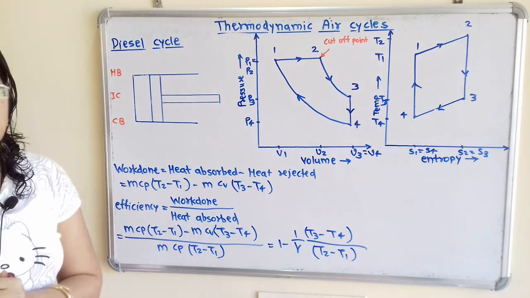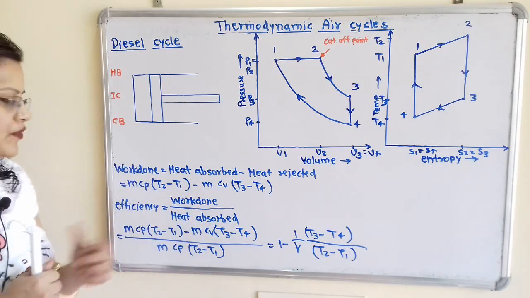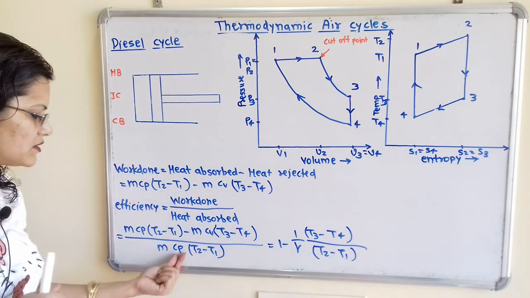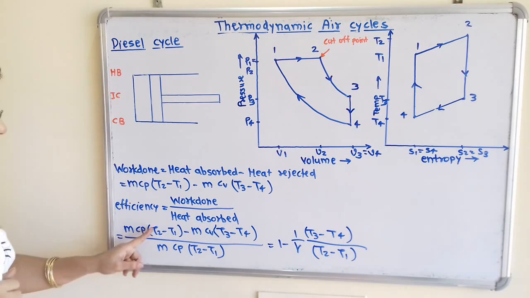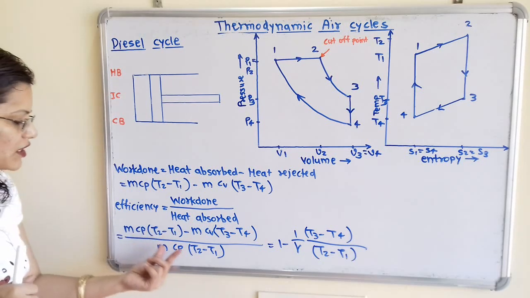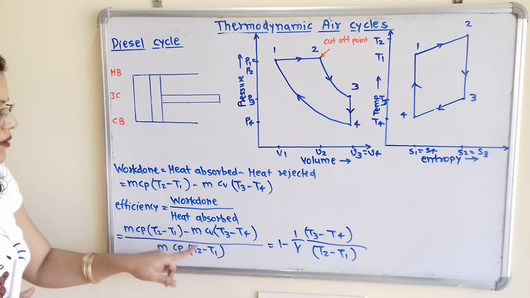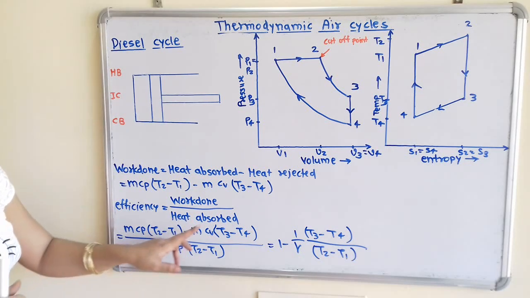And how to calculate efficiency? Efficiency is equal to work done divided by heat absorbed. So we write all this formula divided by heat absorbed, that is m Cp (T2 minus T1). Now m Cp (T2 minus T1) from numerator and denominator gets cancelled, so here will be 1 minus. Here m is also cancelled.